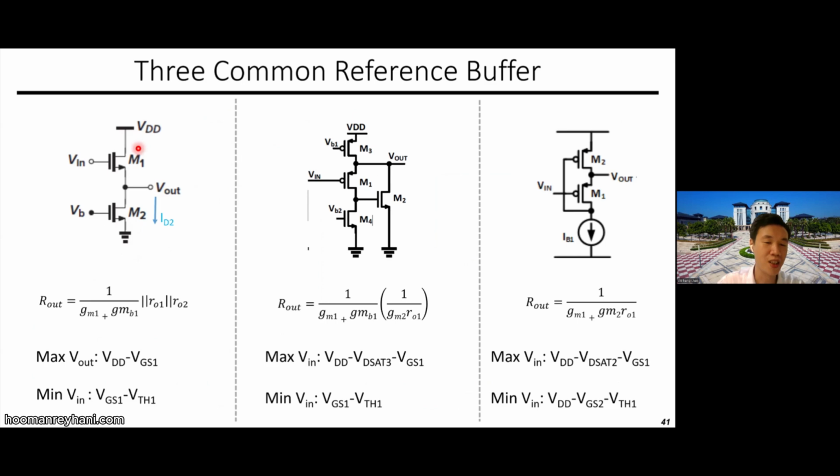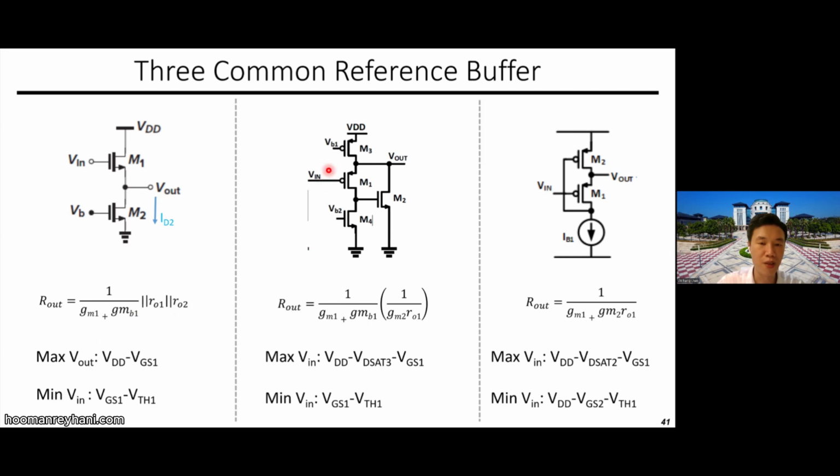Here actually the gm of this one, if you consider the body effect, then you have this one, the Rout is equal to 1 over gm1 plus gmb1. Usually these two are large, so whatever you have should be in this term. If you talk about the super source follower and the flipped around voltage source follower, you will have additional gain due to the feedback. One of the gains actually is from here, because you have another path.